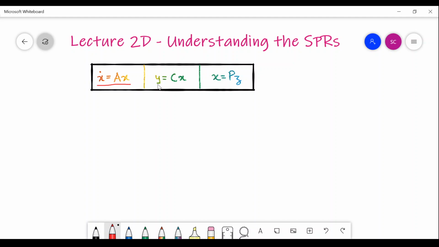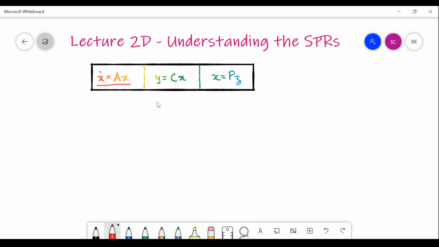You have also seen this equation y equals Cx, which is the output equation when we don't have any input, so D is 0. This is the transformation between two state spaces, x to z. Here x is related to z in this manner, x equals Pz, where P is a similarity transformation. So we need to understand what these equations convey to us.